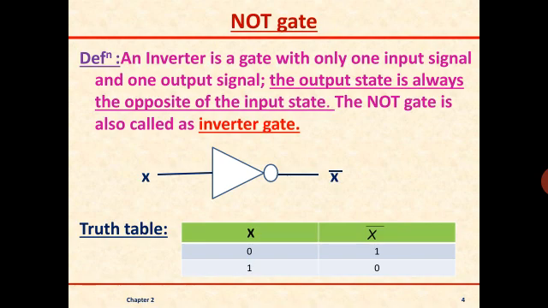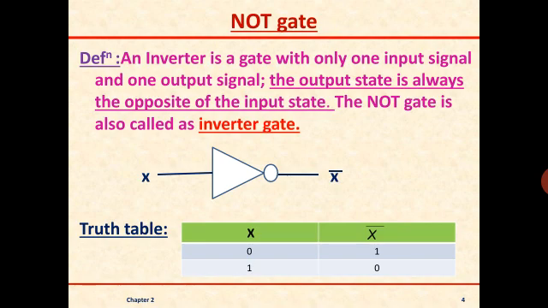In the last class I defined what a truth table is. Let me recall that. A truth table is a table which consists of all possible input values and their respective outputs. All these input and output values are tabulated column-wise, and this table we call a truth table.